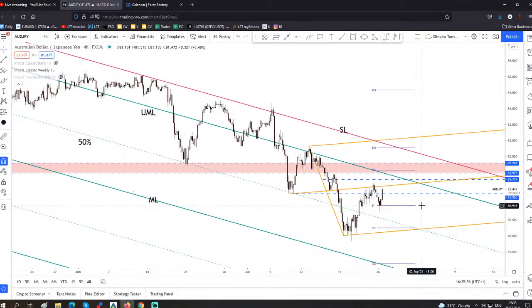retest of the weekly pivot point 80.95, and right now it approaches the medium line, which is seen as dynamic resistance, and only a potential valid breakout here could signal potential growth here.